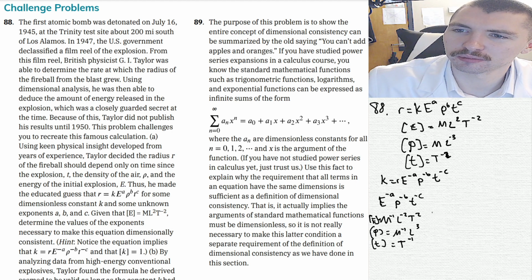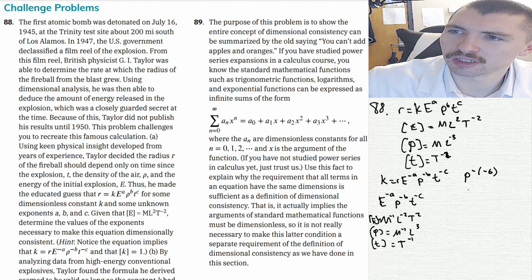So rho to the negative b would be M to the 1, L to the negative 3.